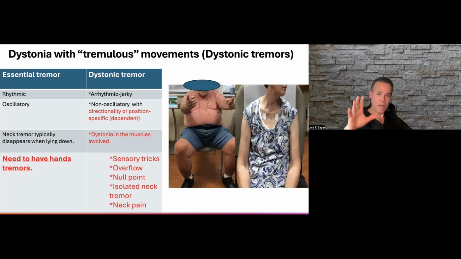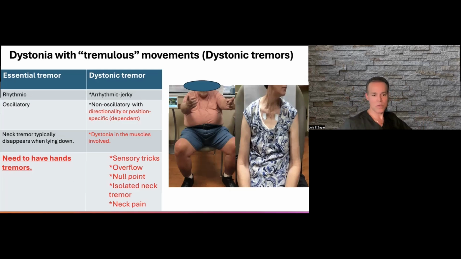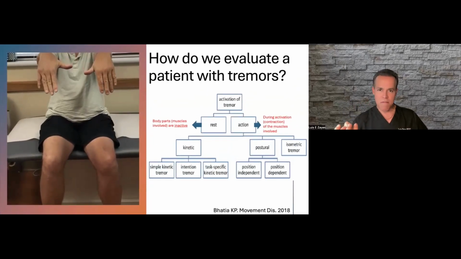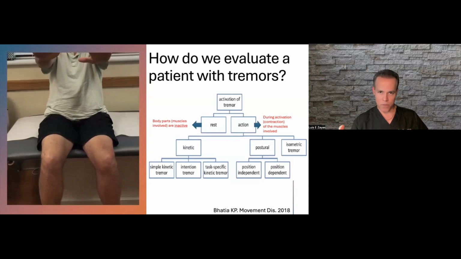But usually people with cervical dystonia, not the other dystonias, complain of a significant amount of pain and spasms of the neck, very painful. And they respond very nicely to botulinum toxin injections.